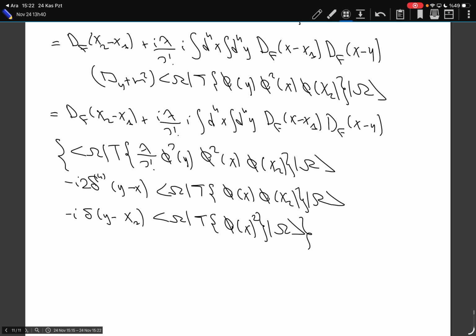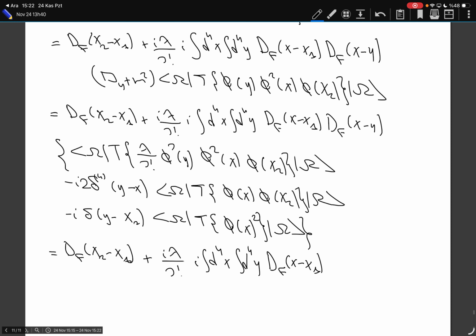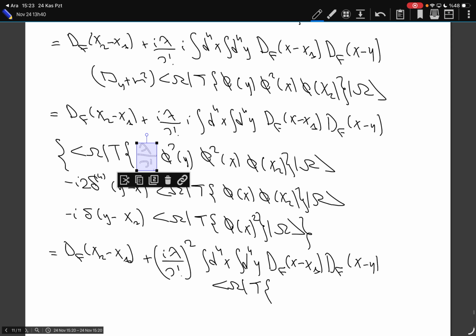So let me write it explicitly. This is equal to Δ_F(x₂ minus x₁) plus i λ over 3 factorial i ∫ d⁴x d⁴y Δ_F(x minus x₁) Δ_F(x minus y) times the time ordered product, or let me write it this way, this thing squared, because there's another λ over 3 factorial here, φ³(y) φ²(x) φ of x₂.